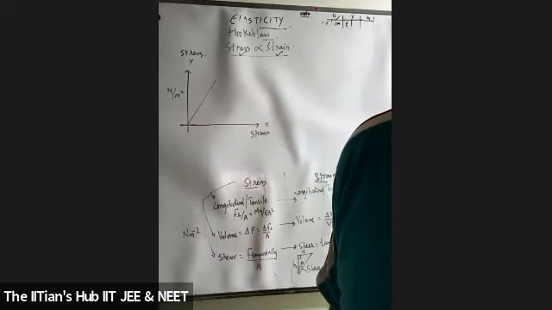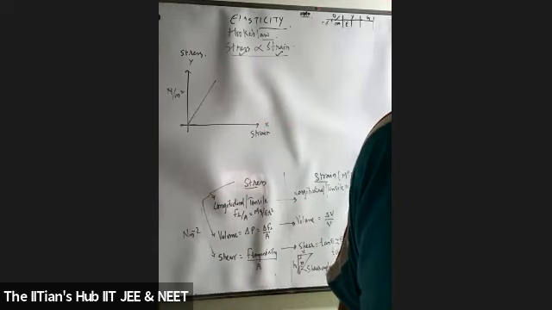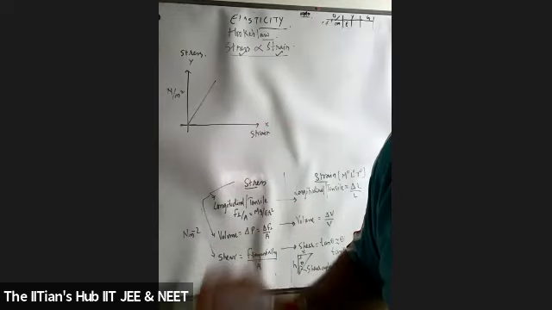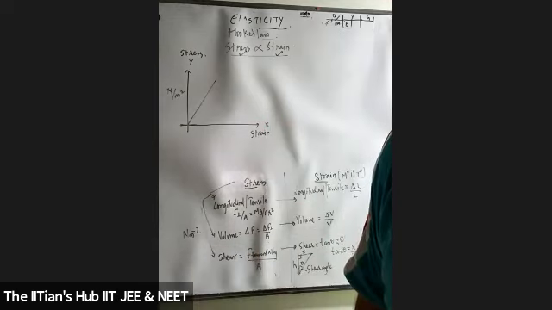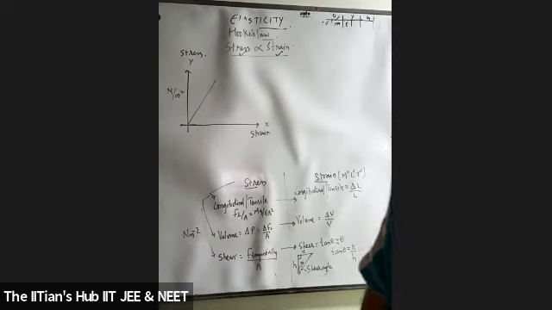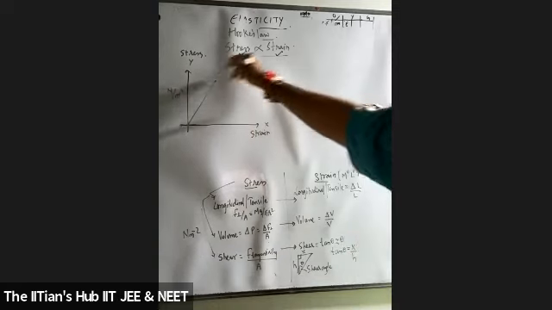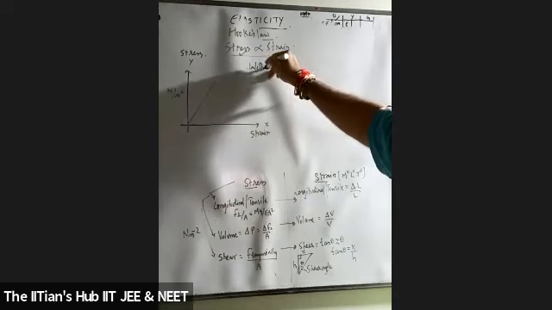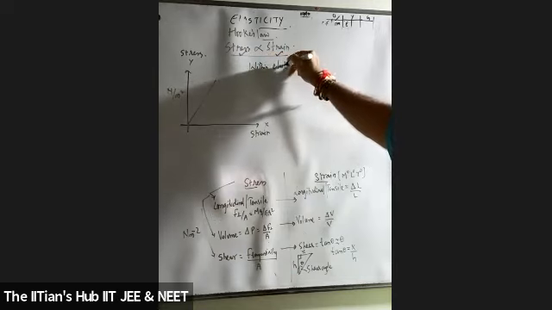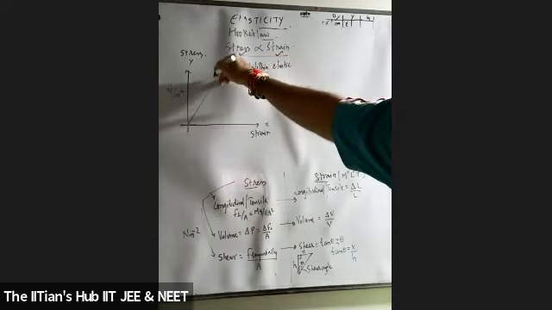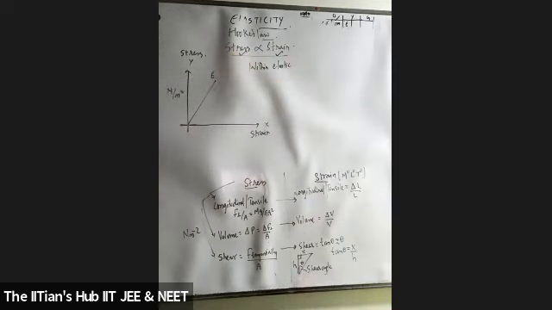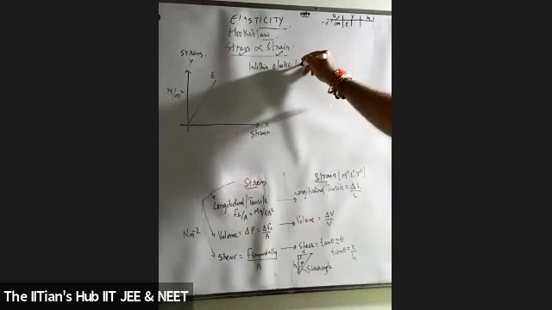Are you getting it? It reaches a particular point called the elastic point. So this point E is called the elastic limit. Within elastic limit, students.